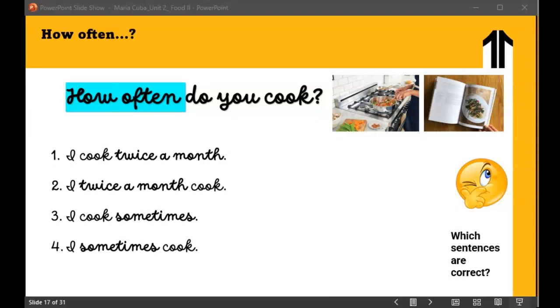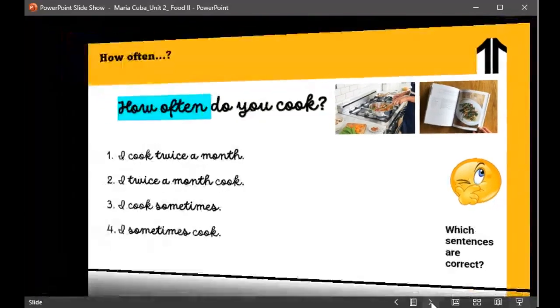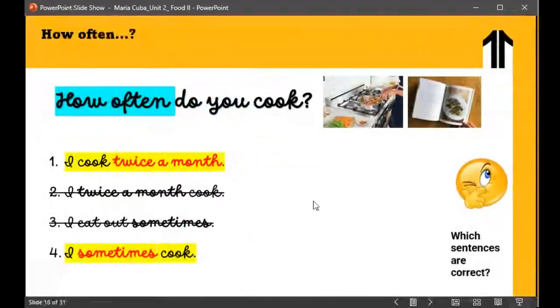Okay. And the answer is, in this case, we have 2 correct answers. Number 1 and number 4. So 9 of you were correct.